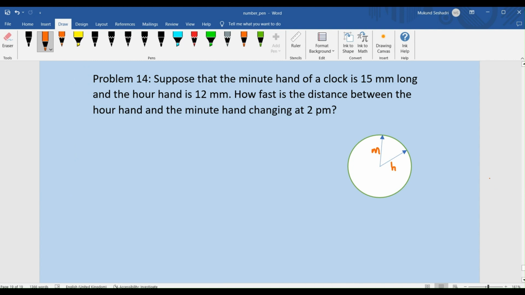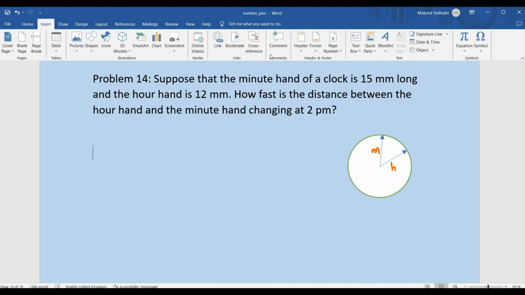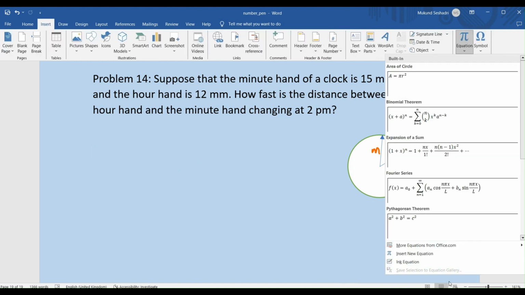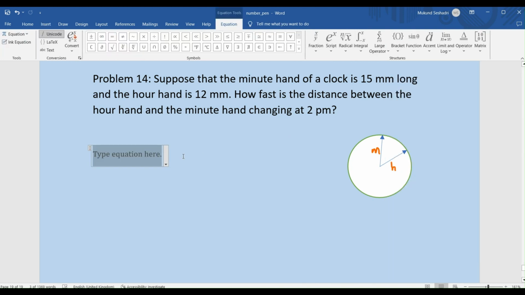So we've been given the lengths of H and M. So let's write them down, and I'm going to use the equation so that it's a lot easier. So we have H equals the hour hand, which is 12.